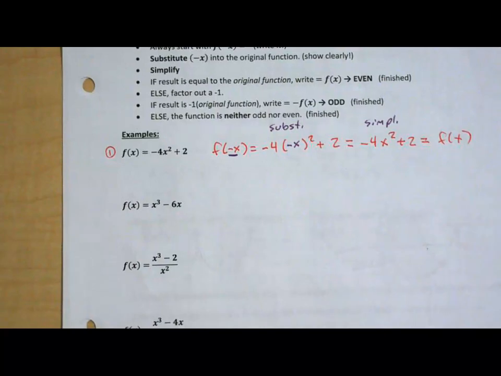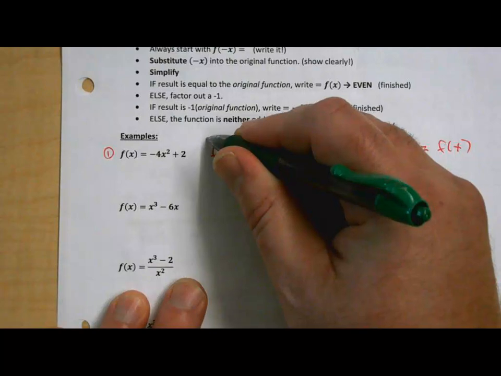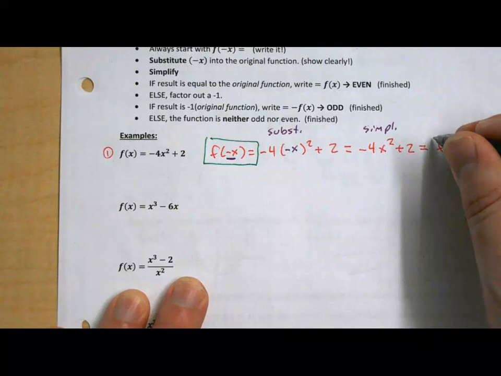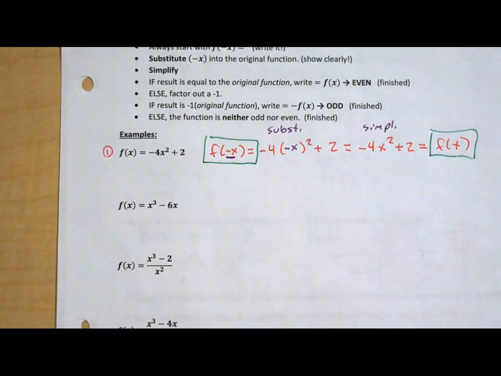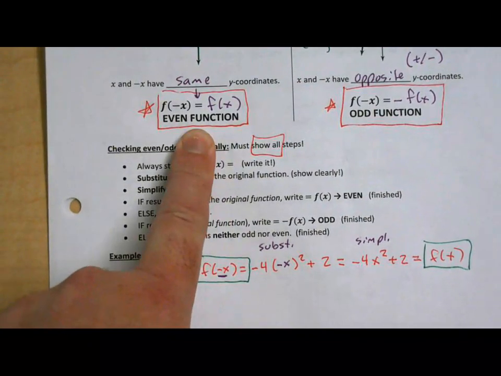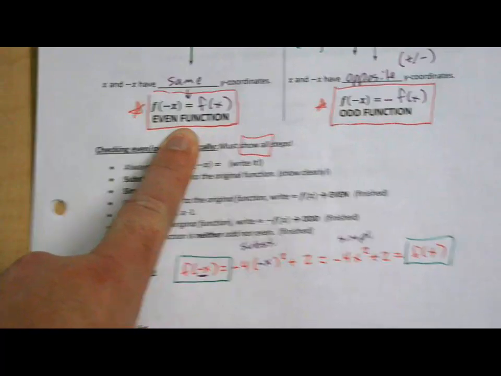So what we have done for this particular function is we have shown that f of negative x is equal to f of x. We've shown that explicitly through a couple of steps. And if f of negative x is equal to f of x, that means what about this function? It's even.